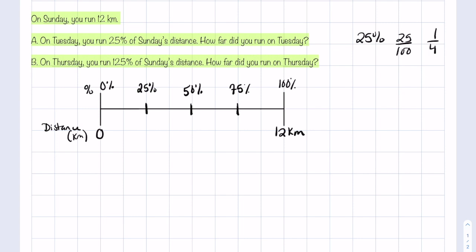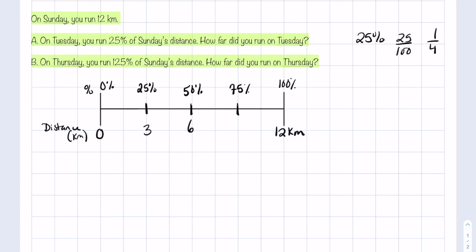And then on the bottom, we need to figure out what some of those distances are. So you could either take 12 and split it into 4 equal parts, or you could find 50% first. Remember, 50% is half. So half of 12 is 6. If we split 6 in half, that's going to give us 3.